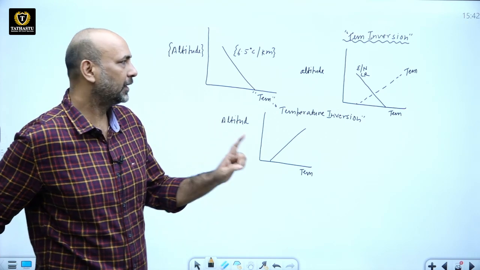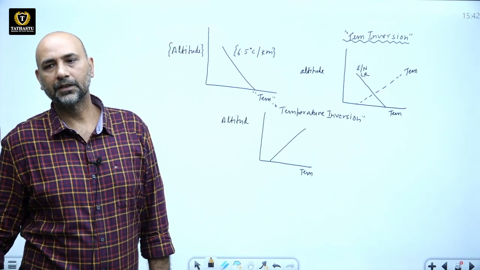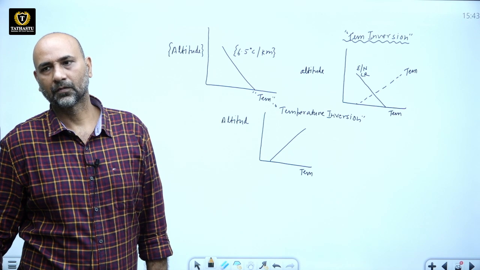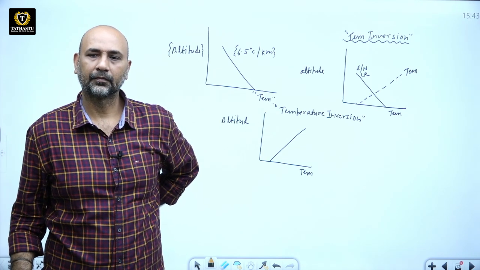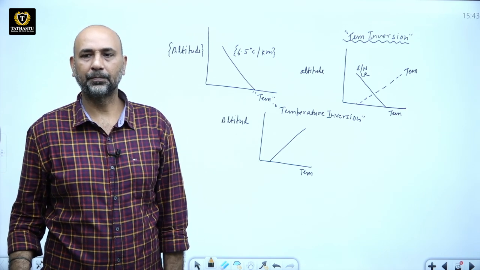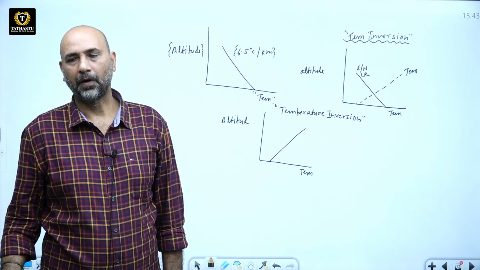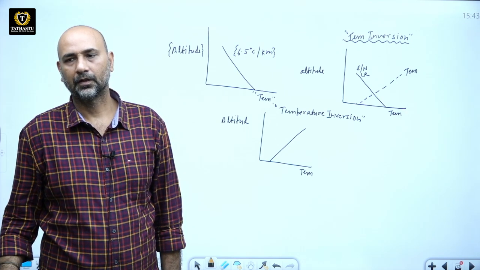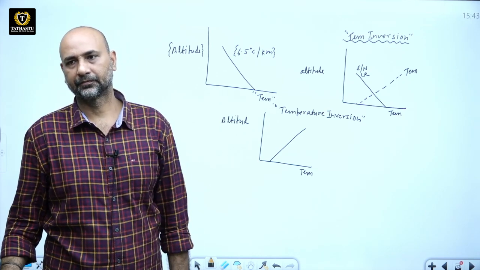Temperature anomaly, you can also write for temperature inversion. Temperature inversion is an anomalous condition produced in the presence of very specific, particular surface and atmospheric conditions and situations.